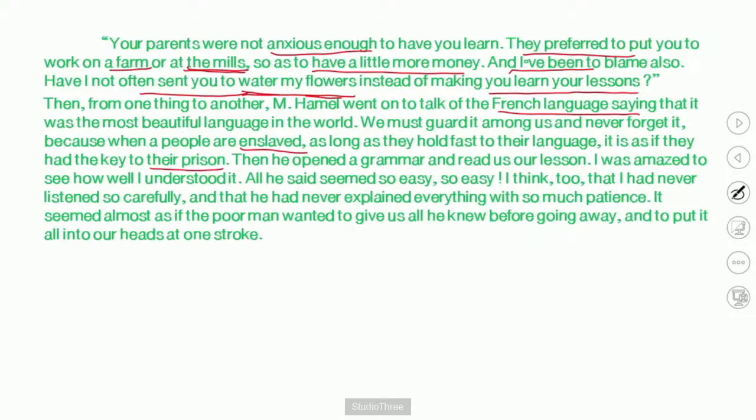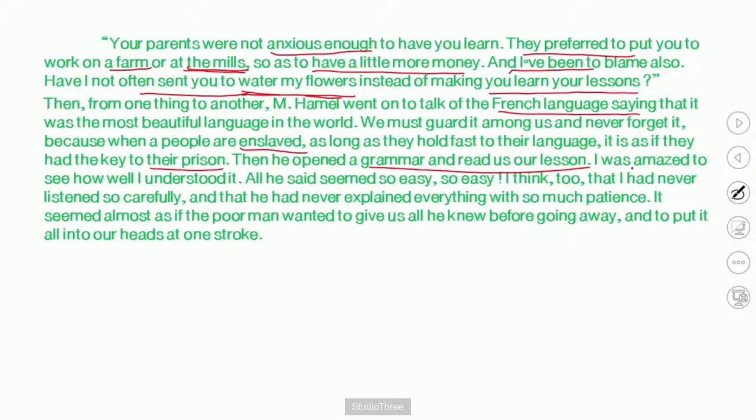Then he opened a grammar and read us our lesson. Even on the last day, he never stopped teaching. Means their role is perfect, that is the teacher or the master. In Marathi it is called Guruji.